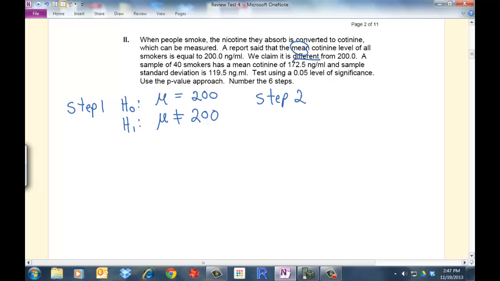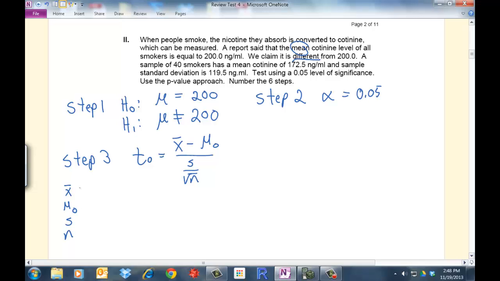Step two is just state the level of significance, 0.05, and then step three is to compute the test statistic, x bar minus mu 0 over s over the square root of n. So we have to find x bar, mu 0, s, and n.